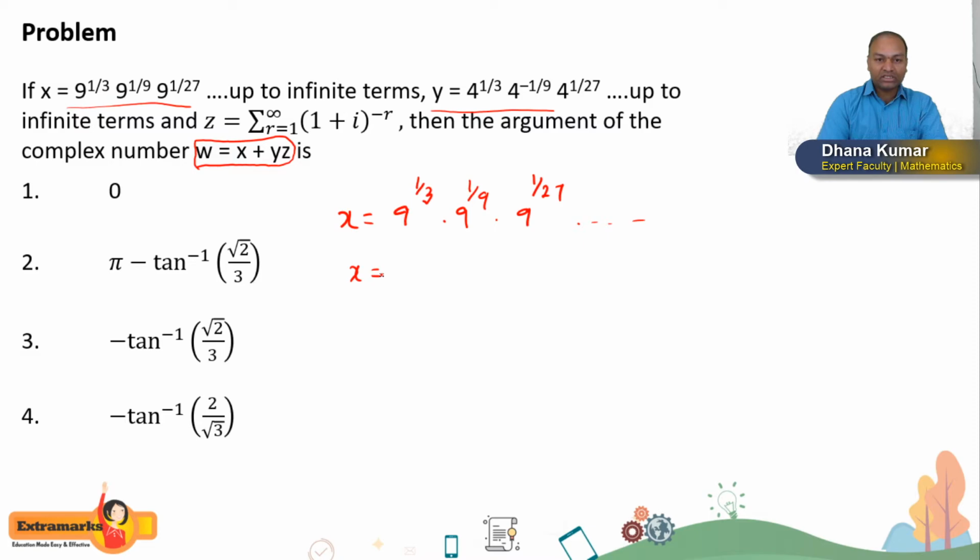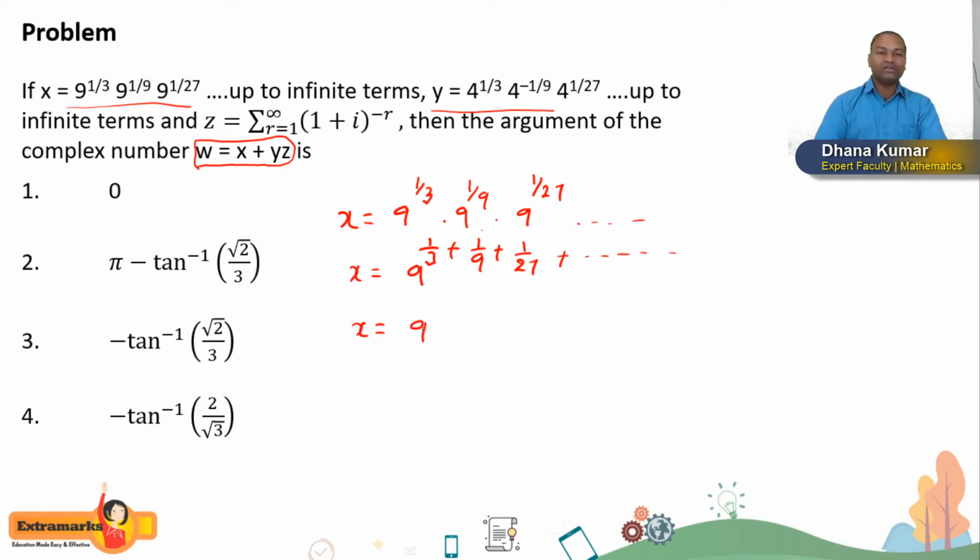Simplification: x is equal to 9 power, here the bases are the same, so the powers should be added. Implies 1 by 3 plus 1 by 9 plus 1 by 27 plus so on.